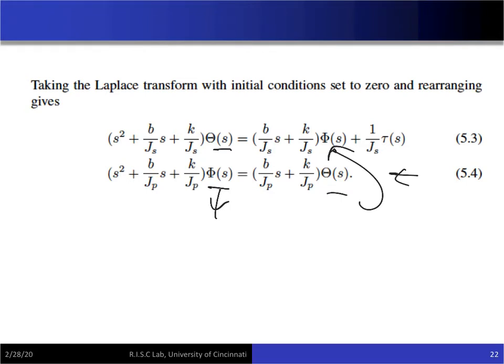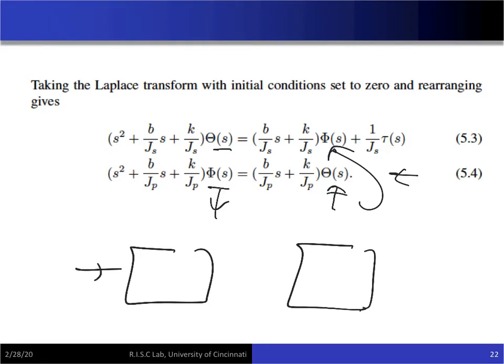5.4 is telling me that if theta s is an input, the whole system can be divided into two transfer functions, right? One transfer function is where the input is tau, and we are getting theta out. And in the other transfer function, you give theta and you get phi of s out.